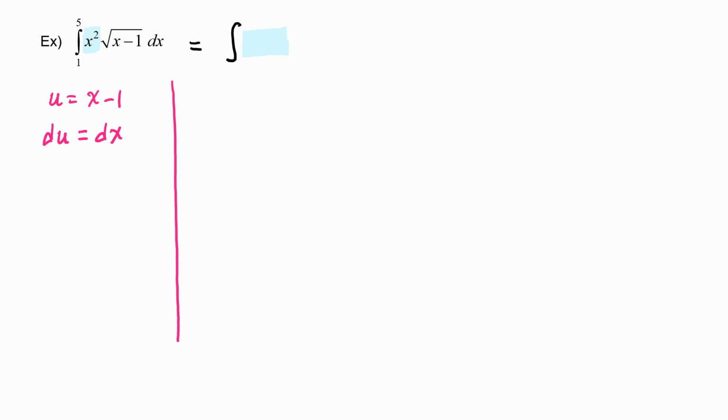So we can take this equation, u equals x minus 1, and if we solve for x, we get u plus 1 is equal to x. So then that means when we have x squared here, it's going to turn into u plus 1 squared in the u integral.